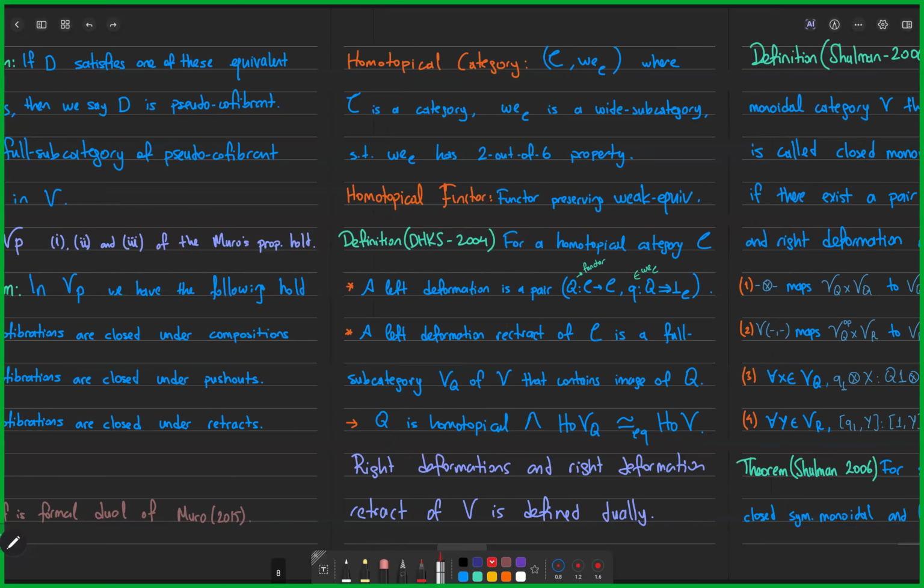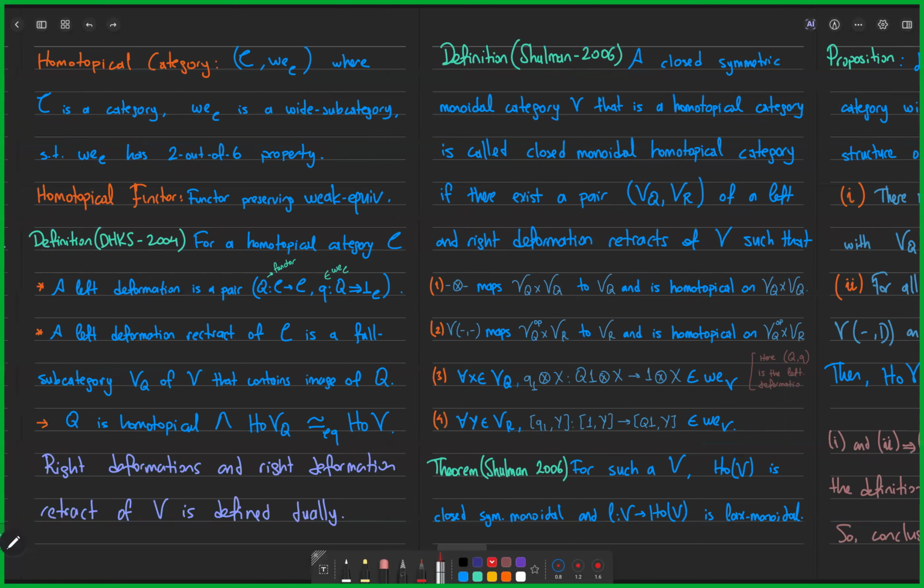In 2006, Mike Schulman used it in his preprint to define monoidal homotopical categories. I combine his two definitions into one and try to write it. The exact definition is not like this, but more general, because I am only interested in the symmetric case.